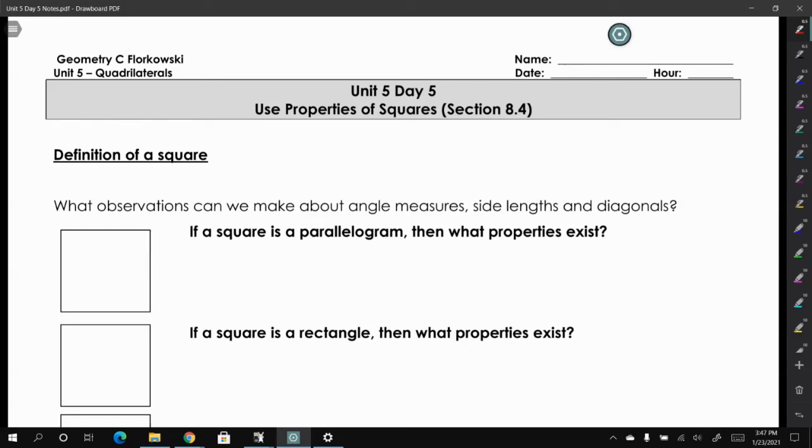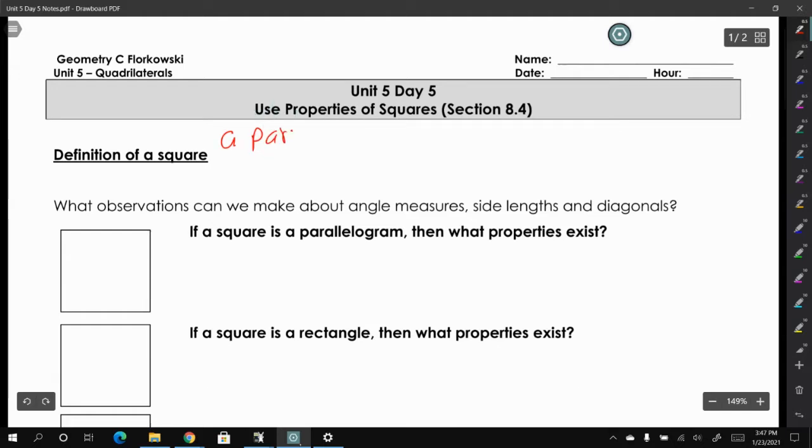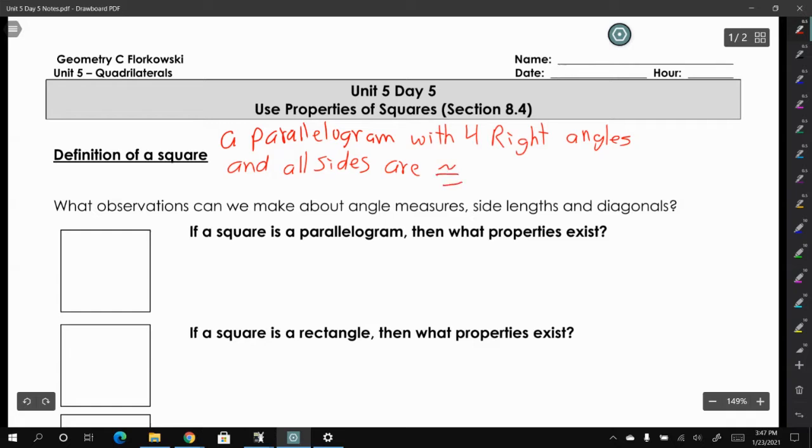Today we're going to talk about the last of the special parallelograms, and that is a square. So a square is a parallelogram with four right angles and all sides congruent.